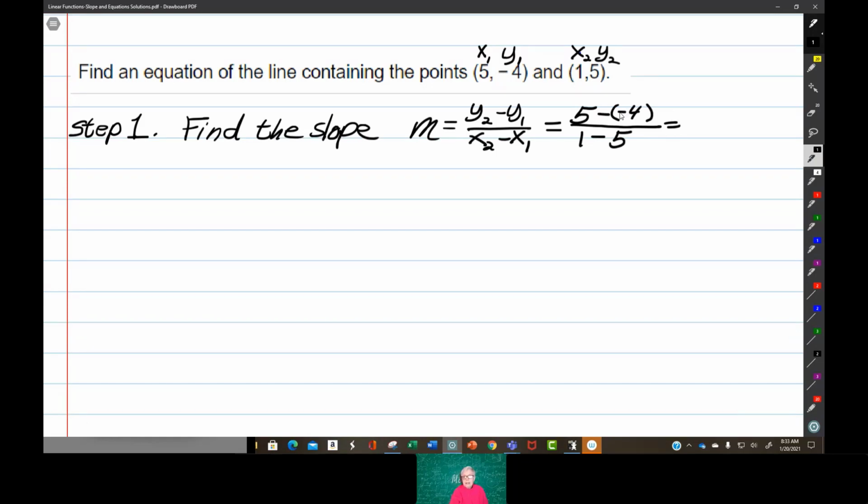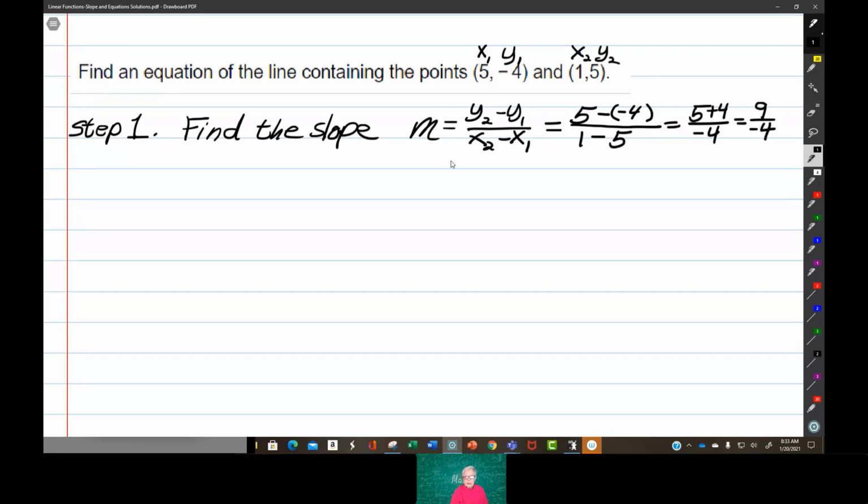Negative times negative is positive, so this is going to be 5 plus 4 over 1 minus 5, which is -4. 5 plus 4 is 9 over -4. Most of the time, you're not going to leave your negative on the bottom.